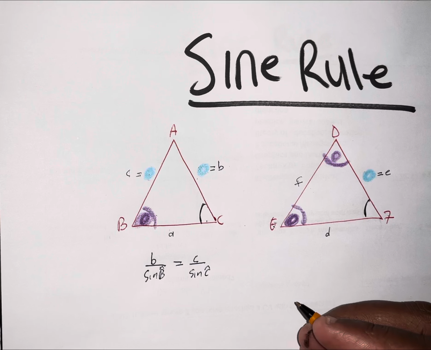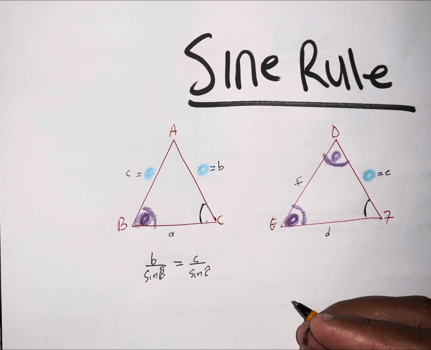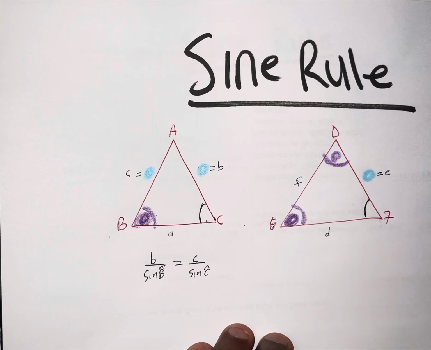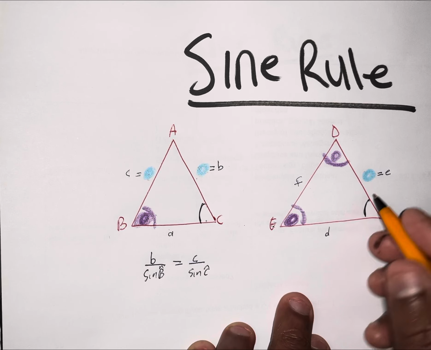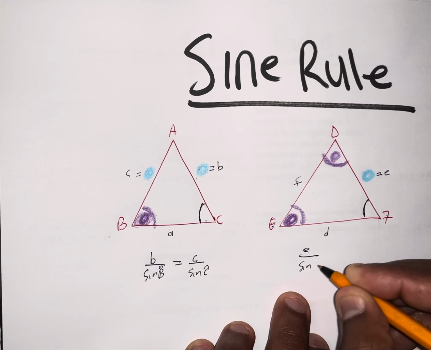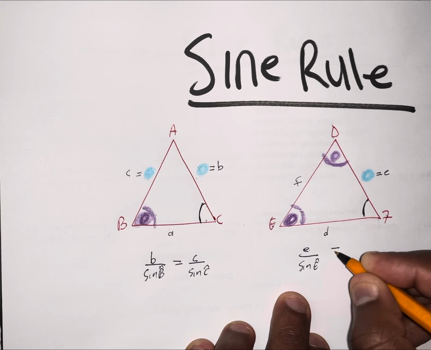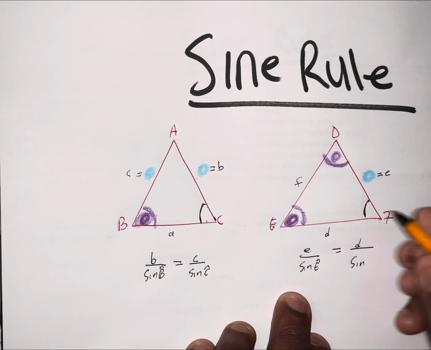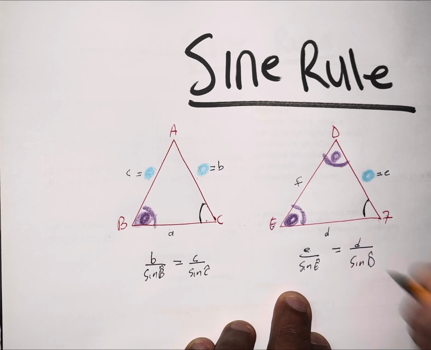If they say you need to determine the length of EF, you can say small letter e divided by the sine of angle E equals small letter d divided by the sine of angle D.